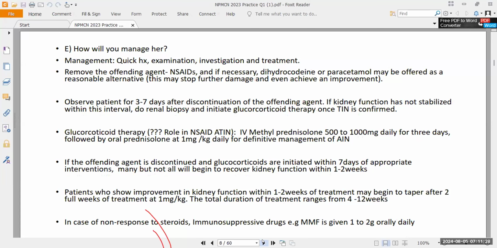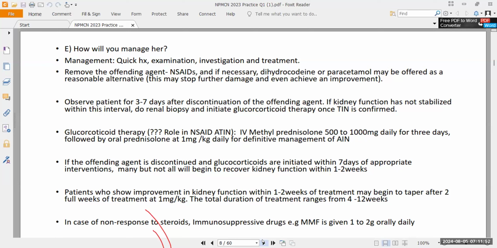On examination, typically in such patients with interstitial nephritis, we have the classic triad of fever, skin rash, and eosinophilia. So I would like to see if I could pick peripheral stigmata of other underlying disease condition that could predispose her to having this interstitial nephritis.